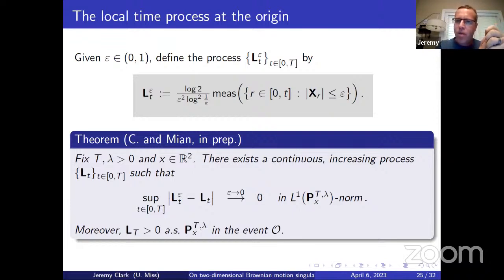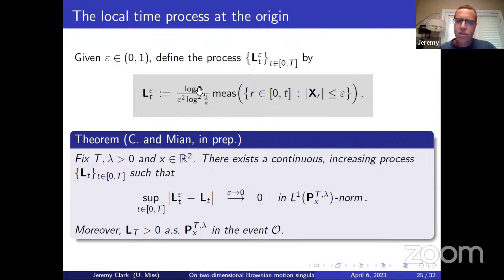Remember that the local time for a one-dimensional Brownian motion was a function that only increased when the Brownian motion visits zero. Mostly it is just waiting and pausing, but it increases when the Brownian motion hits zero. So we're going to define it in this way.